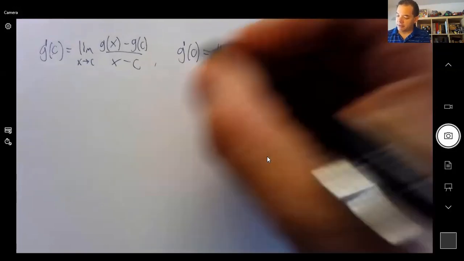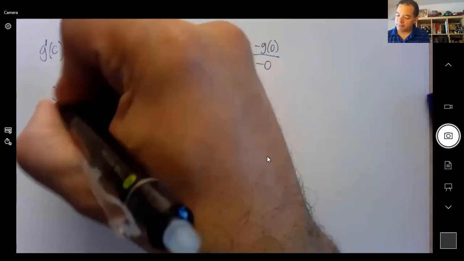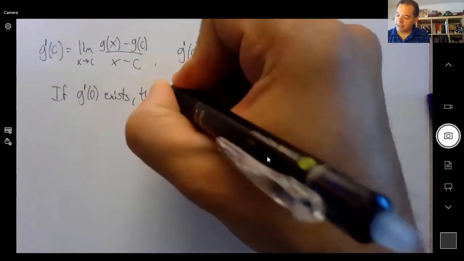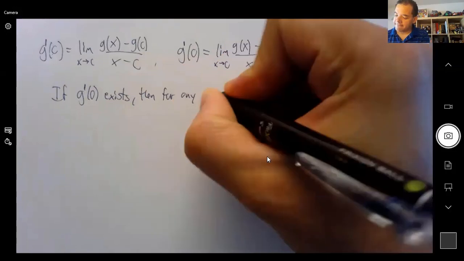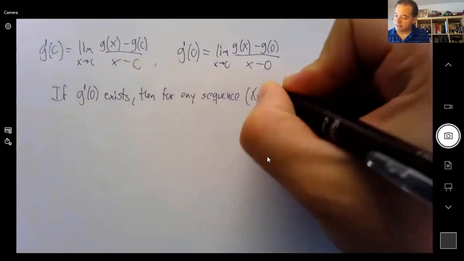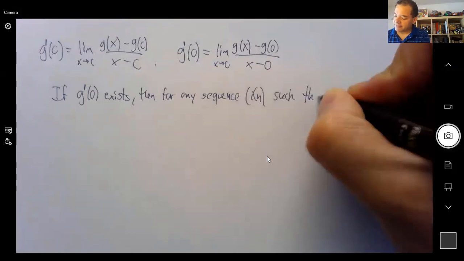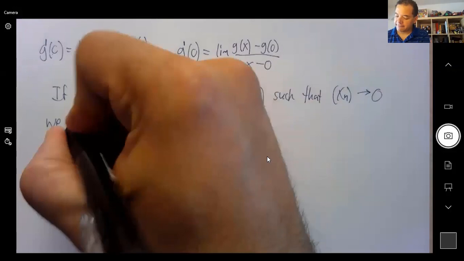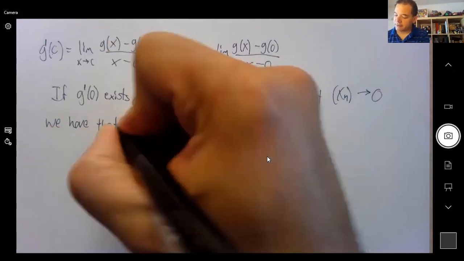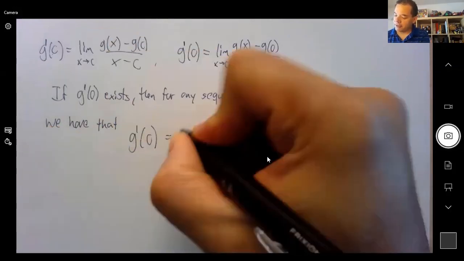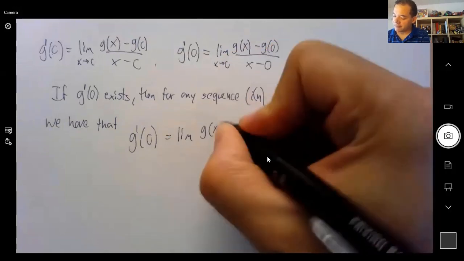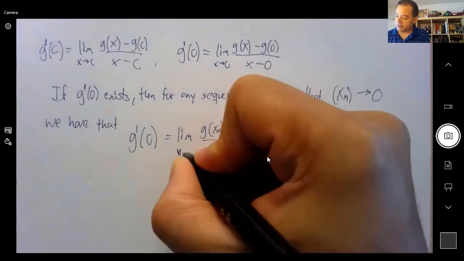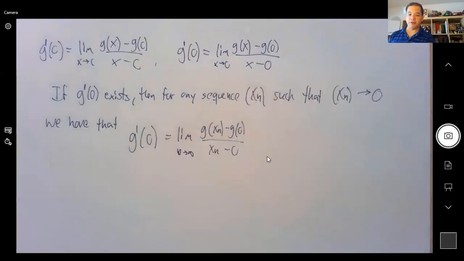So if g prime of 0 exists, then for any sequence xn such that xn approaches 0, we have that this would happen. If we put over here xn, we should get the derivative. We should get g prime of 0, right?